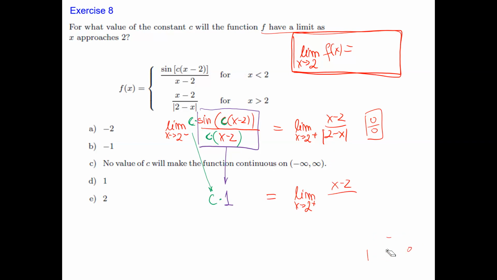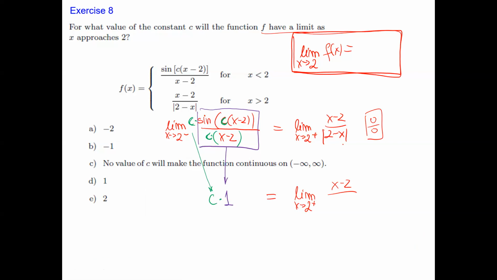But if the quantity is negative, absolute value of -5 is not -5. I have to take this quantity and put an extra negative to make it positive. Let's check if the quantity 2 minus x is positive or negative.